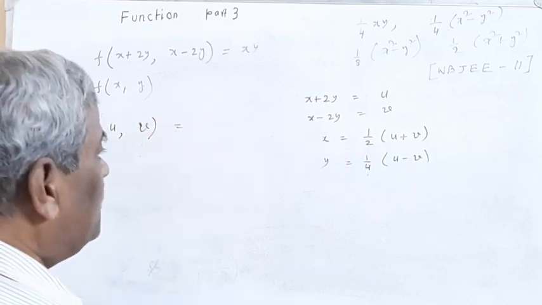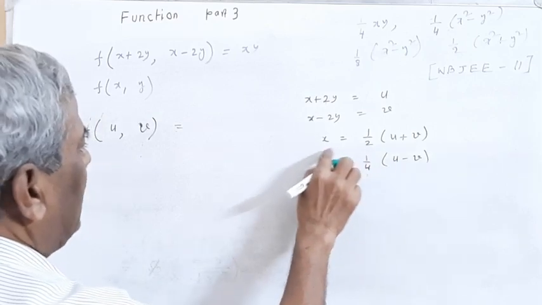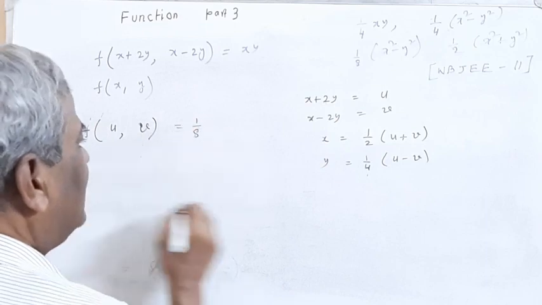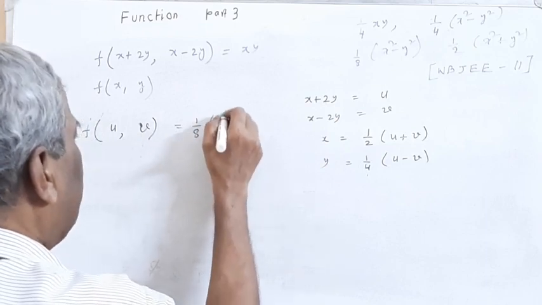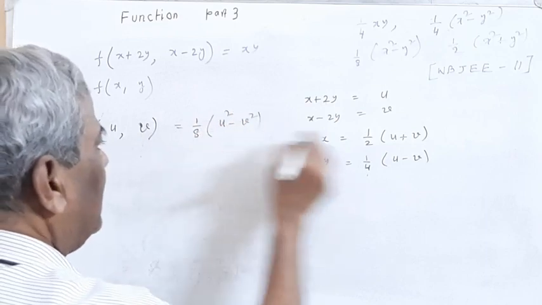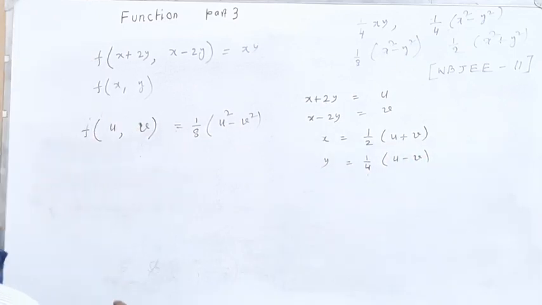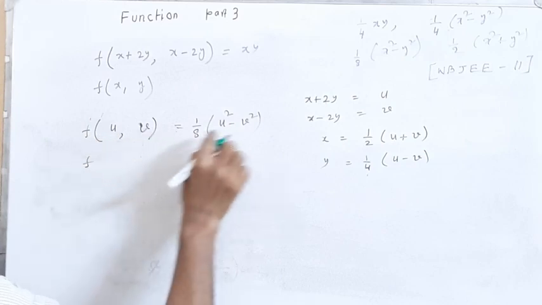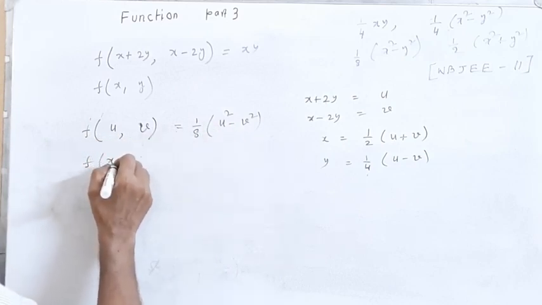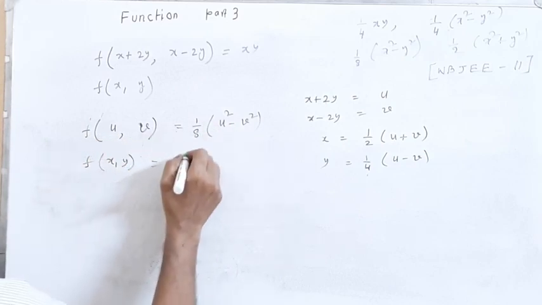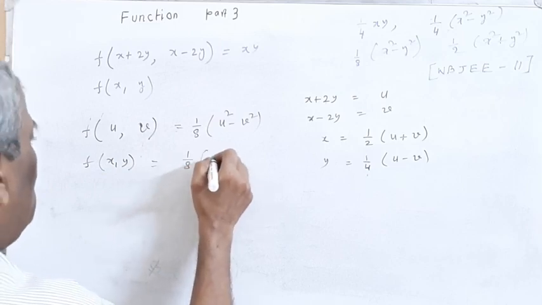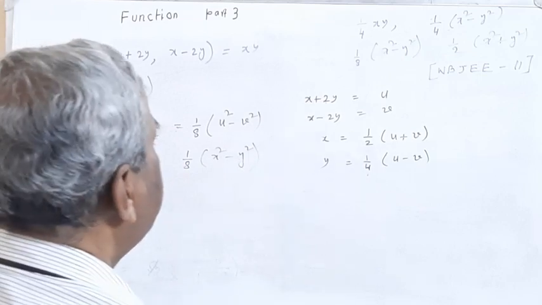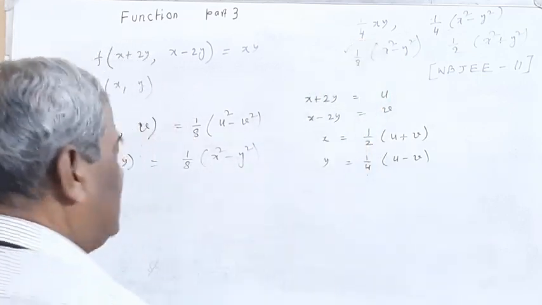Now convert x and y in terms of u and v, so that their product is equal to 1/8 into (u square minus v square). So f of u and v is that. So f of x and y would be equal to 1/8 into (x square minus y square). So option C is correct.